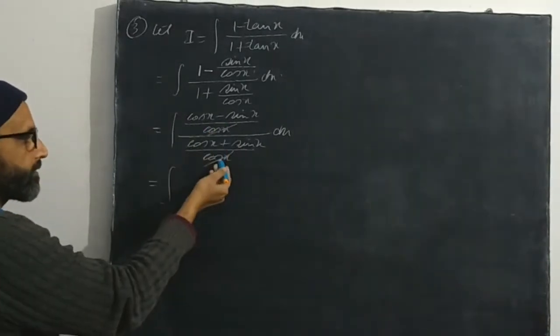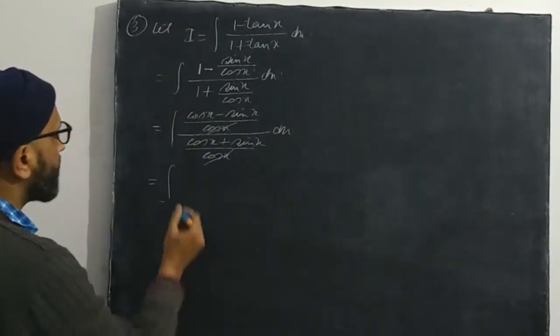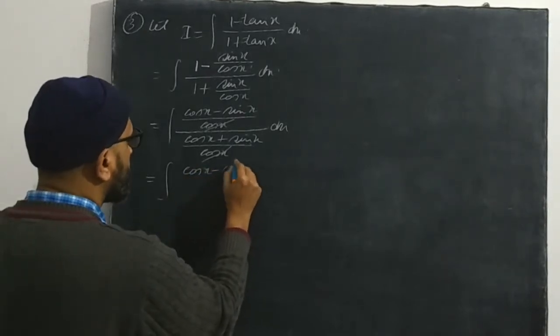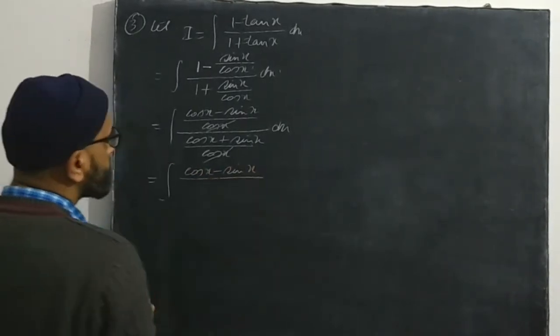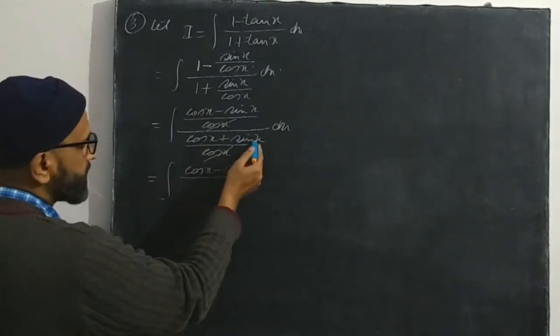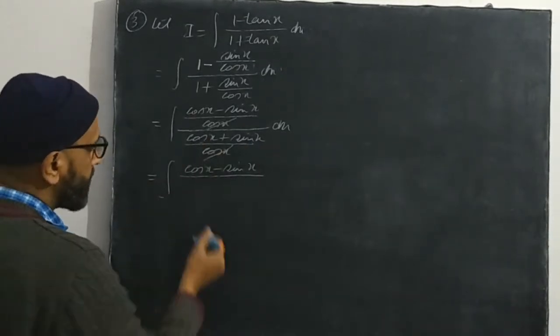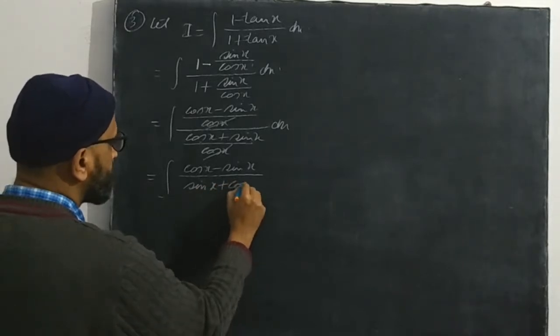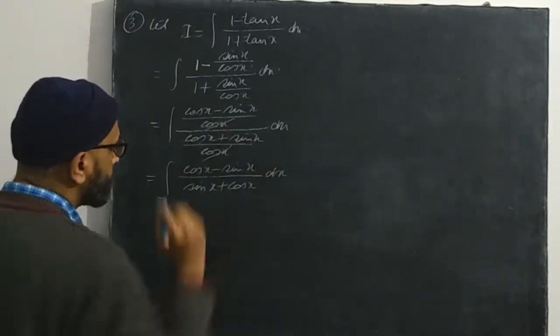LCM in the numerator is cancelled by the LCM in the denominator, and ultimately we get integral cos x minus sin x upon cos x plus sin x in the denominator, and we may write it as sin x plus cos x because addition is commutative.